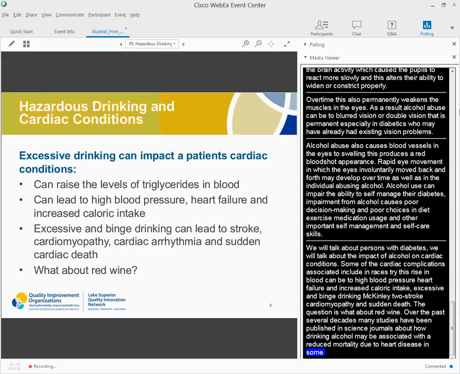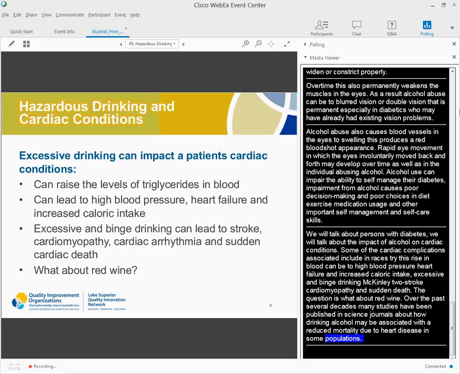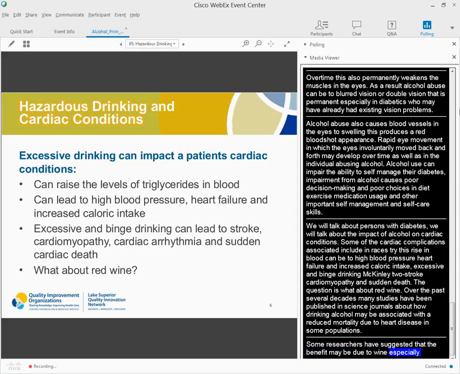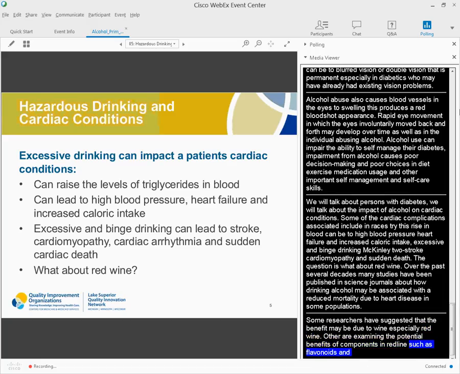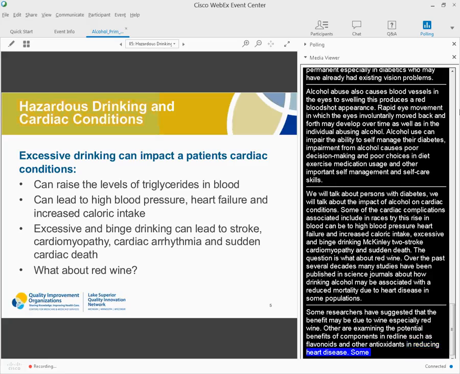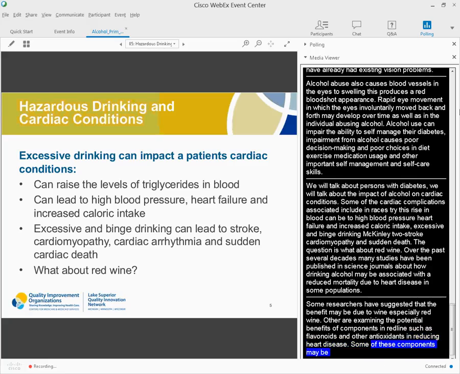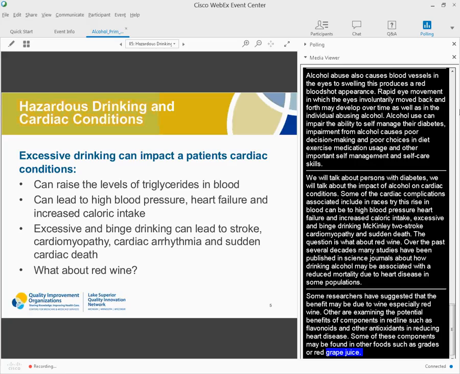Some researchers have suggested that the benefit may be due to wine, especially red wine. Others are examining the potential benefits of components in red wine, such as flavonoids and other antioxidants in reducing heart disease. Some of these components may be found in other foods, such as grapes or red grape juice. So the linkage reported in many of these studies may be due to other lifestyle factors other than alcohol.